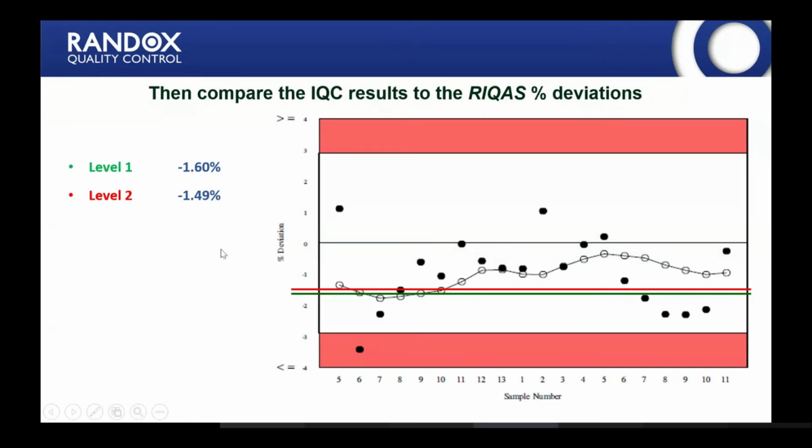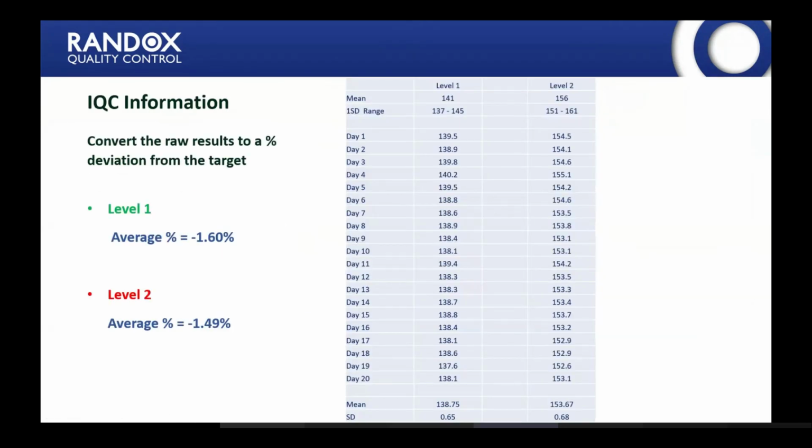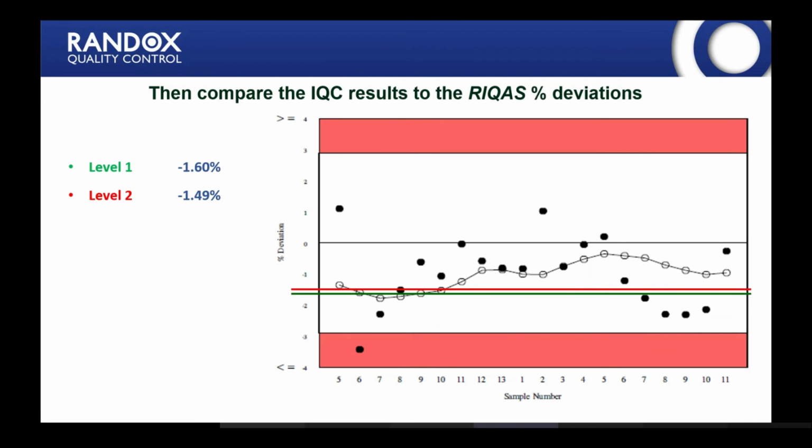And also, as you can see, even whenever we go back to their internal QC, they're running with a slight negative bias. Now, it's not great in terms of magnitude, but it still is a constant bias that they're running with, which is more noticeable whenever you're looking at it in their EQA.